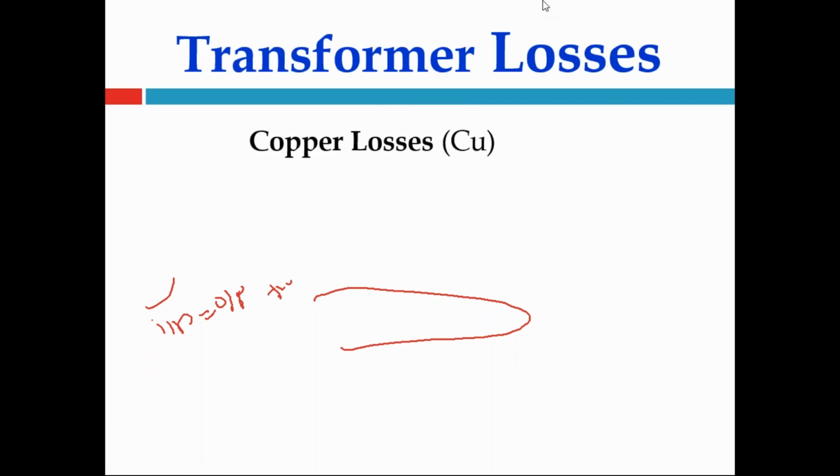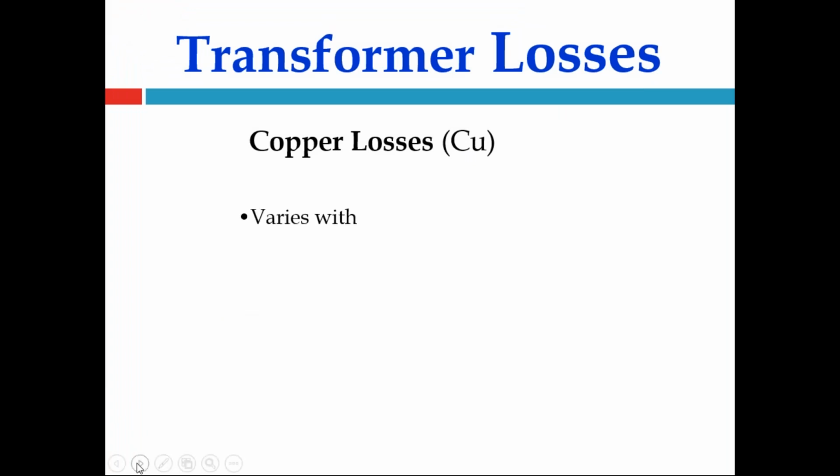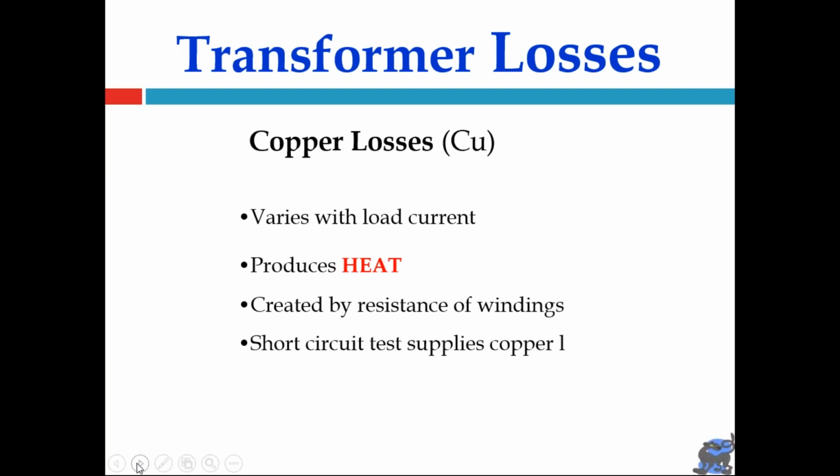Right. Now let me see what losses are available in the transformer. The first one is copper losses. It completely varies with load. This loss varies with the load current, and it produces heat created by the resistance of the windings. In the OC and SC tests, we get the copper losses only in the SC test, because when the secondary is closed, there is a flow of current.